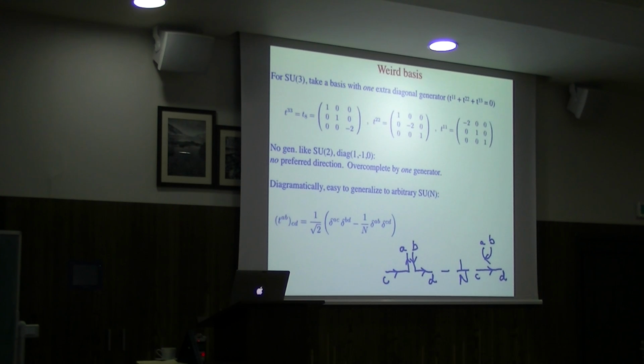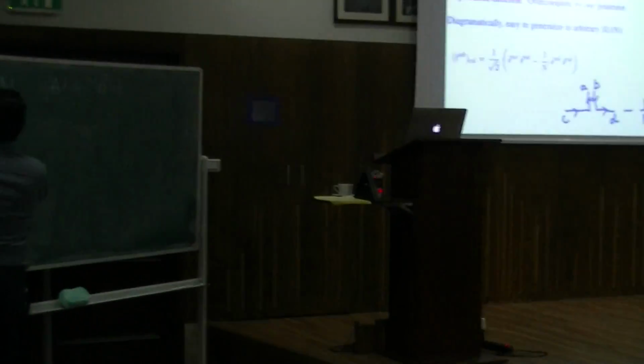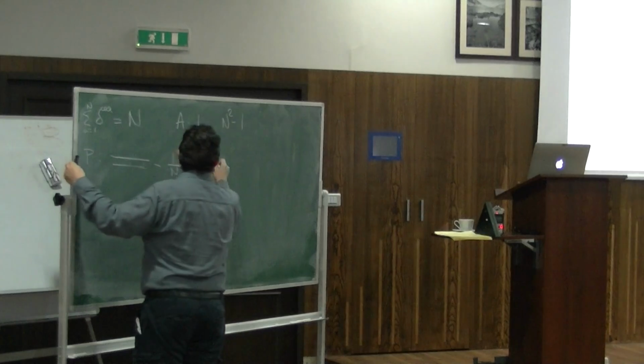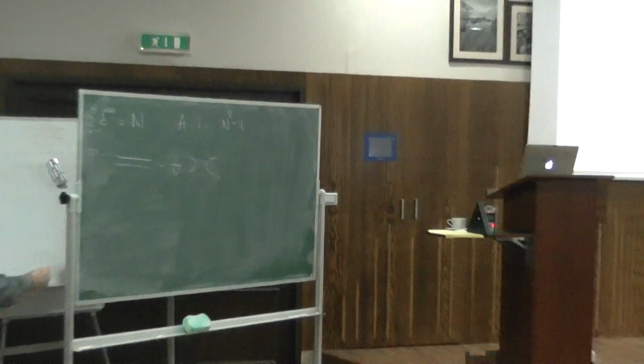Now, to do that, I want to show you that this is in fact a projector. And I'm going to turn it on its side and show you how this is a projector. So what I mean here is a somewhat abstract notation.